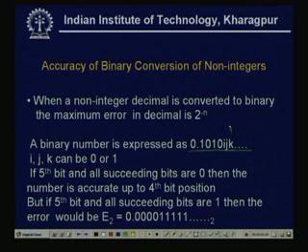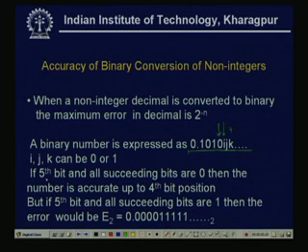I, j, k can be 0 or 1, as it is converted to a binary number system. Up to 4 bits the 1 or 0 value is already there, but from the 5th bit onwards I have represented the bits as i, j, k, like that. That means i, j, k can be either 0 or 1.